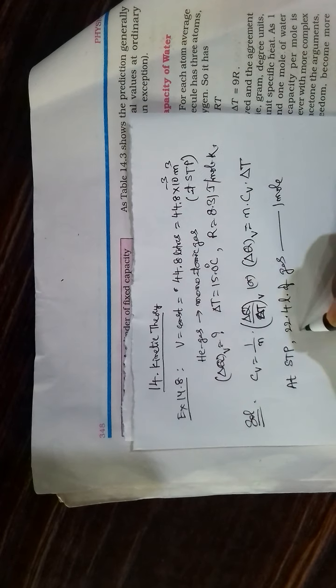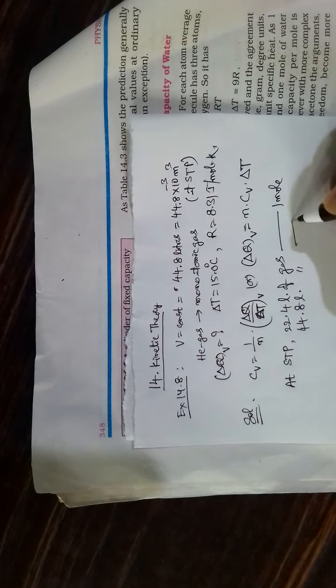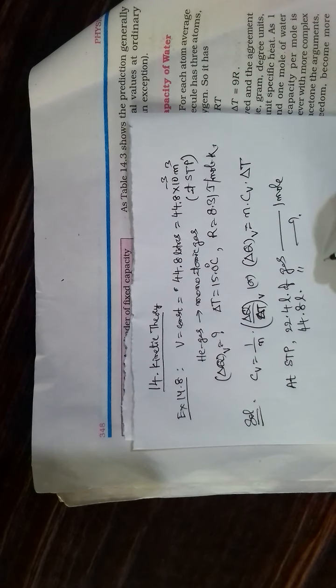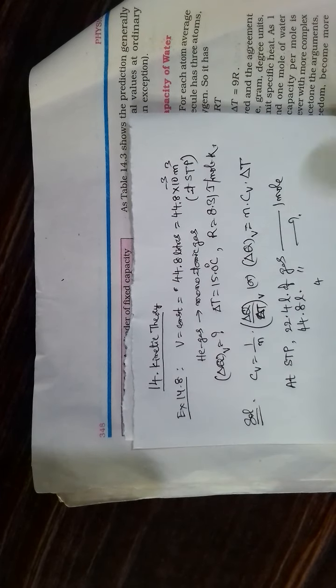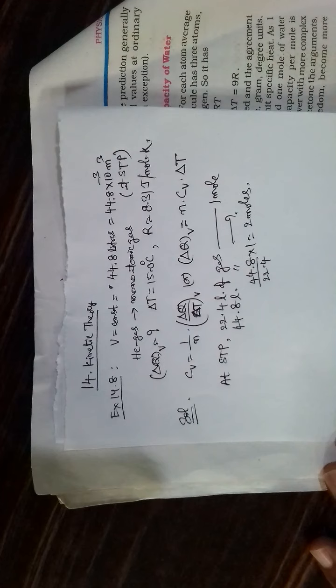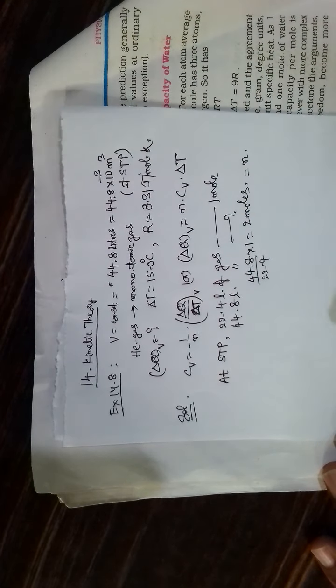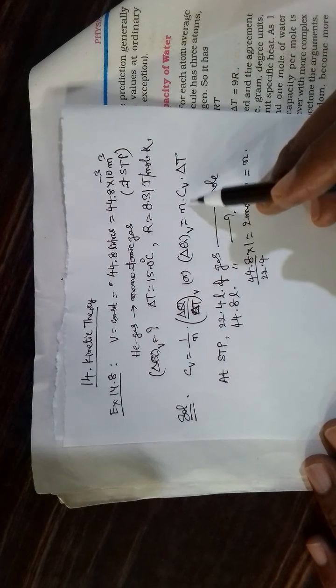Then here how much is given? 44.8 liters of gas is given. How many moles? 44.8 by 22.4 into 1, that is equal to 2 moles. That is, 2 moles of gas is given. Okay, N value ready. Next, CV.